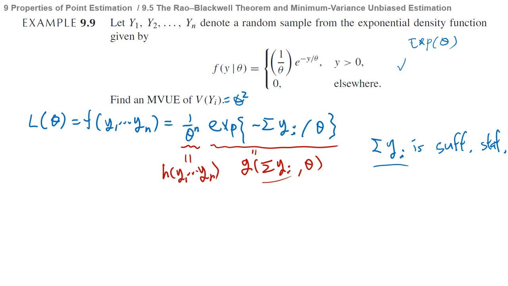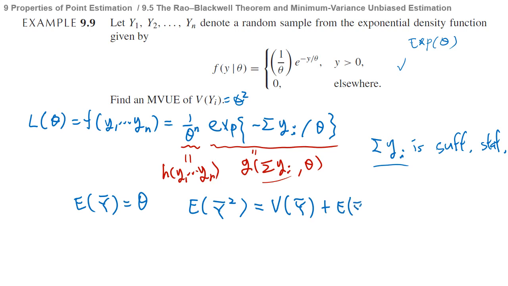Okay, as we know, the expected value of y bar is theta, so it is an unbiased estimator for theta. So why don't we try the expected value of y bar square? Y bar is a function of the sufficient statistic, and y bar square is also a function of the sufficient statistic. Actually, the expected value of y bar square is the variance of y bar plus the square of the expected value of y bar.